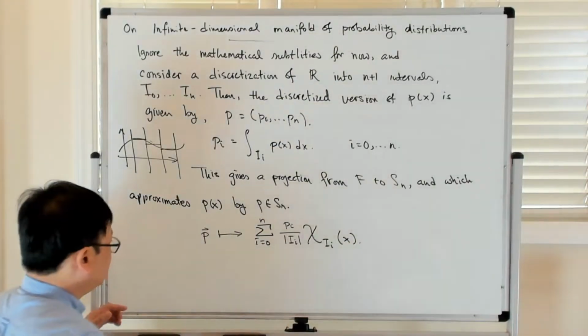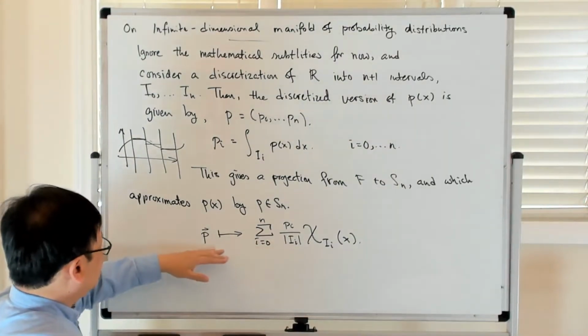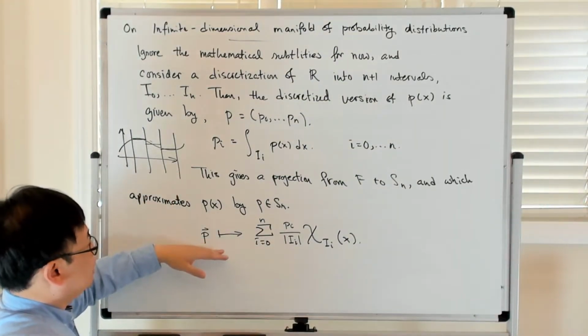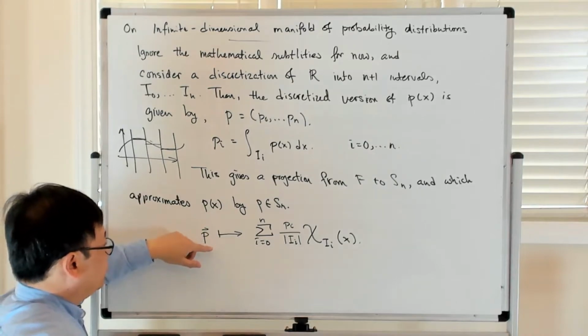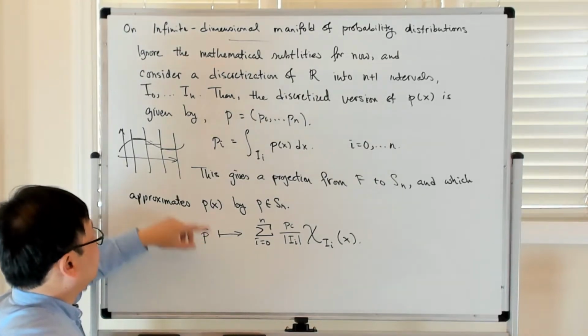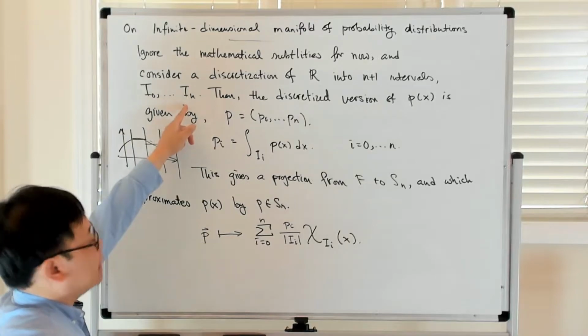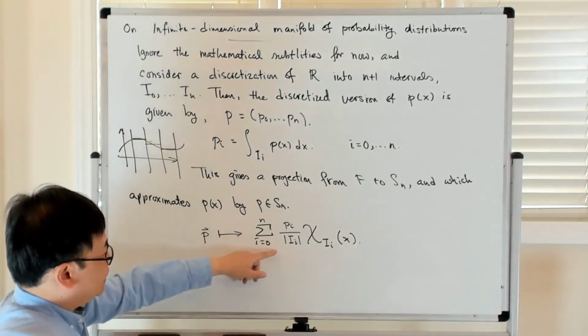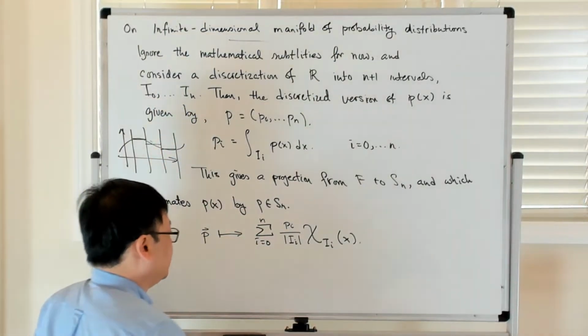So given an element of the probability simplex and these intervals I0 to In, I have an element of F which comes from that.